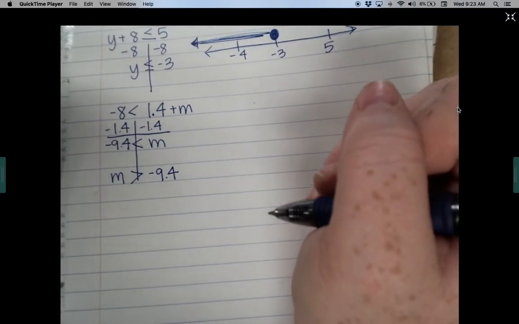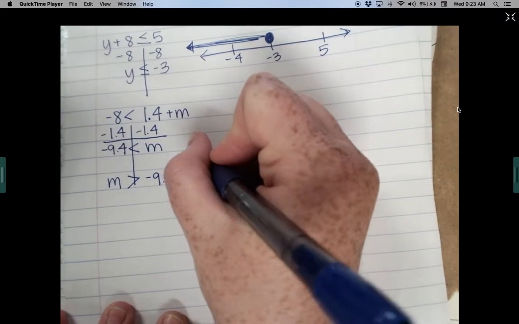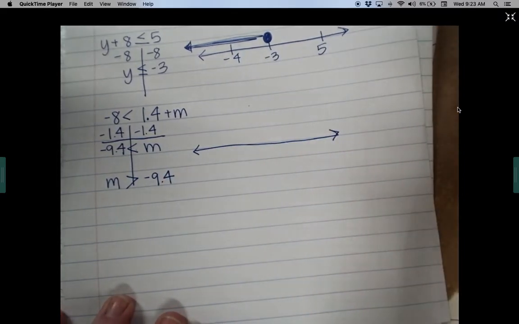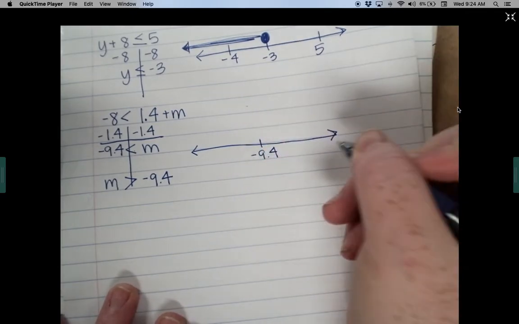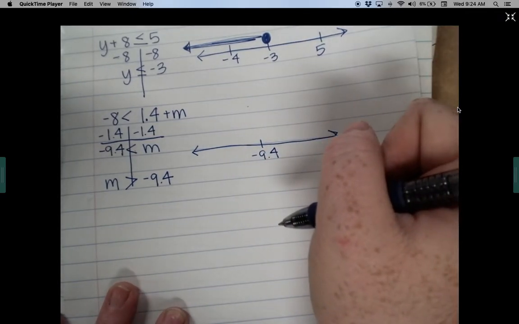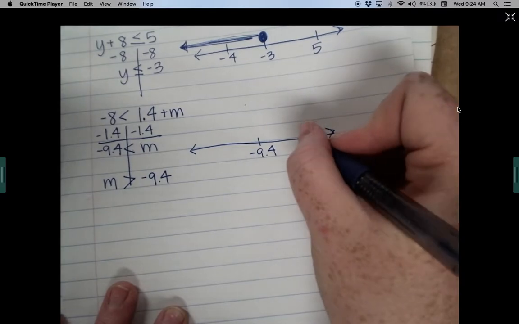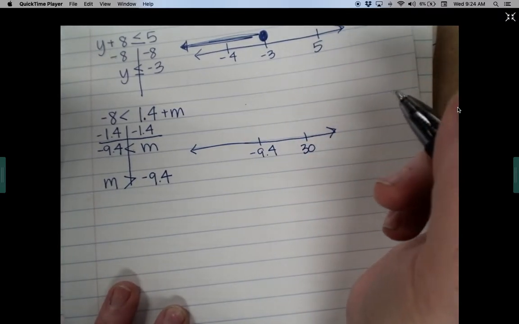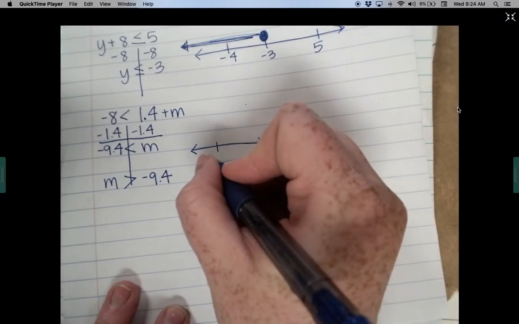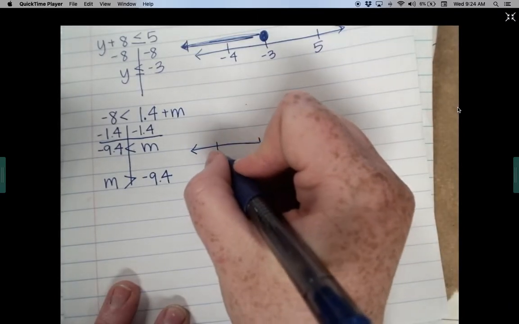Okay? Let's graph. So I have negative 9.4. What's a number that's greater than negative 9.4? 30. First one I heard. What's a number smaller than negative 9.4? Negative 12. That's the one that said it loudest.